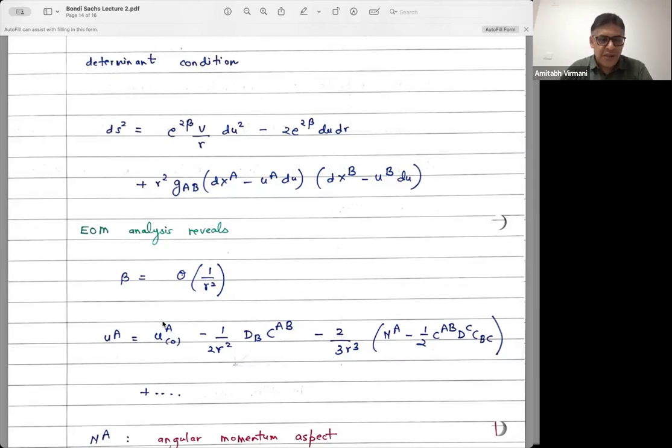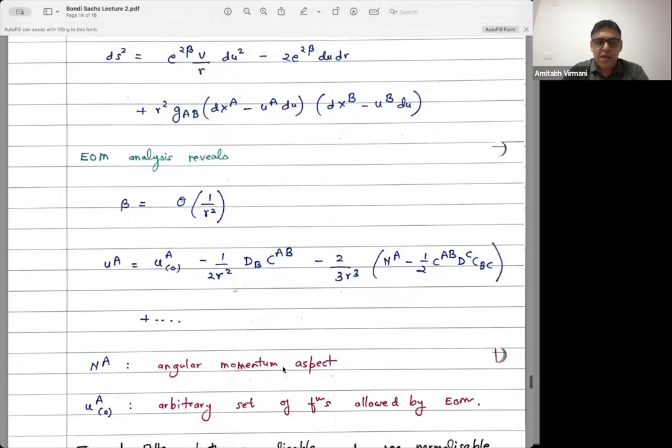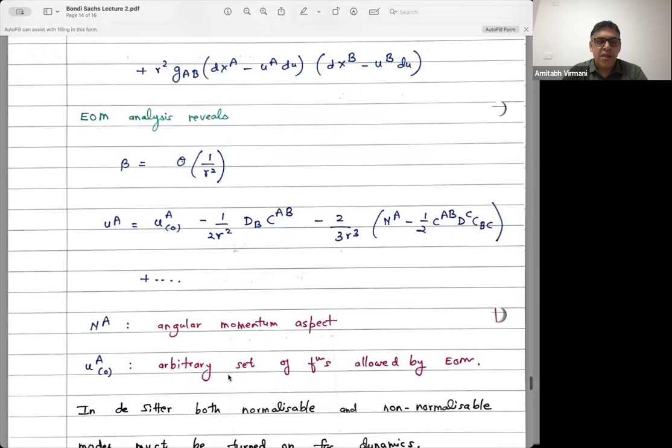So the U function has this U^A_0, which is not fixed by the equations of motion. The next term is fixed by the equations of motion. And then there is the angular momentum aspect, which is not fixed by the equations of motion. And then there are terms which are fixed by the equations of motion. Okay, so there are two functions that appear here: U^A and N^A. N^A is the angular momentum aspect, and U^A is the arbitrary set of functions which are allowed by the equations of motion.